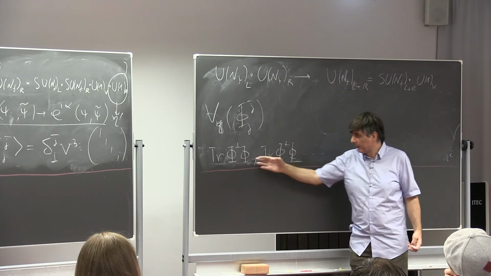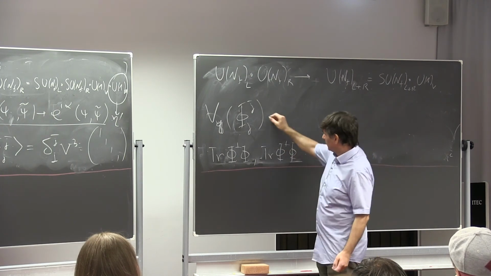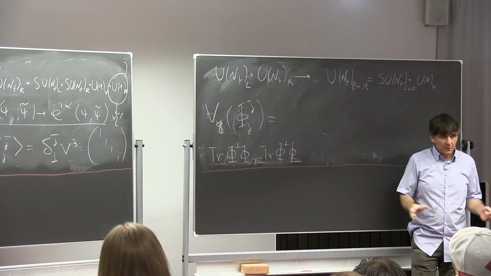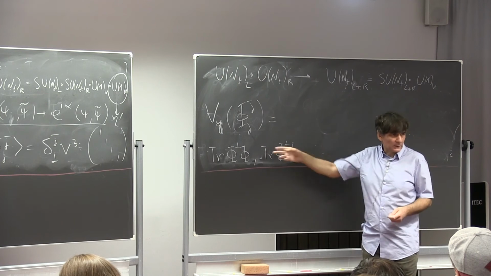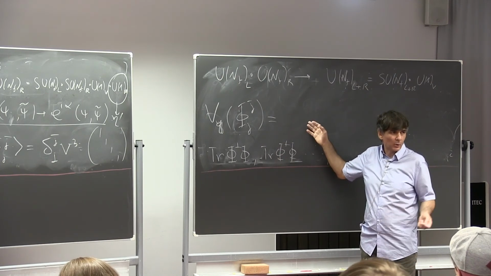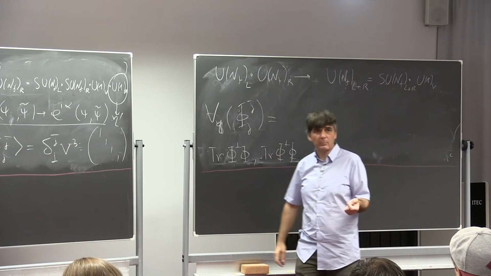The point is that there is a finite number of invariants, and therefore this will be some complicated function of these invariants. Now, if you play around with these invariants and write down some complicated function like that, no matter how complicated, the analysis of the minimum is not so complicated.